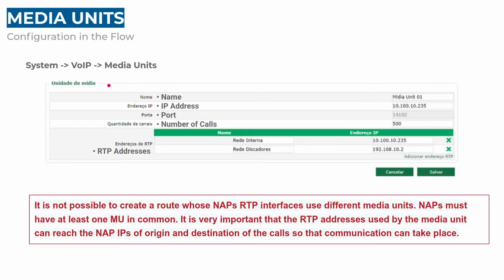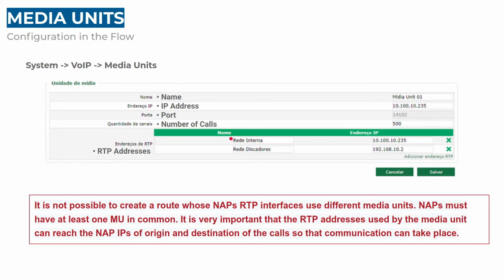And then in the flow, you are going to put the name of the media unit, the IP address, and the number of concurrent or simultaneous calls. So depending on your hardware, you will define how many calls this media unit will process.